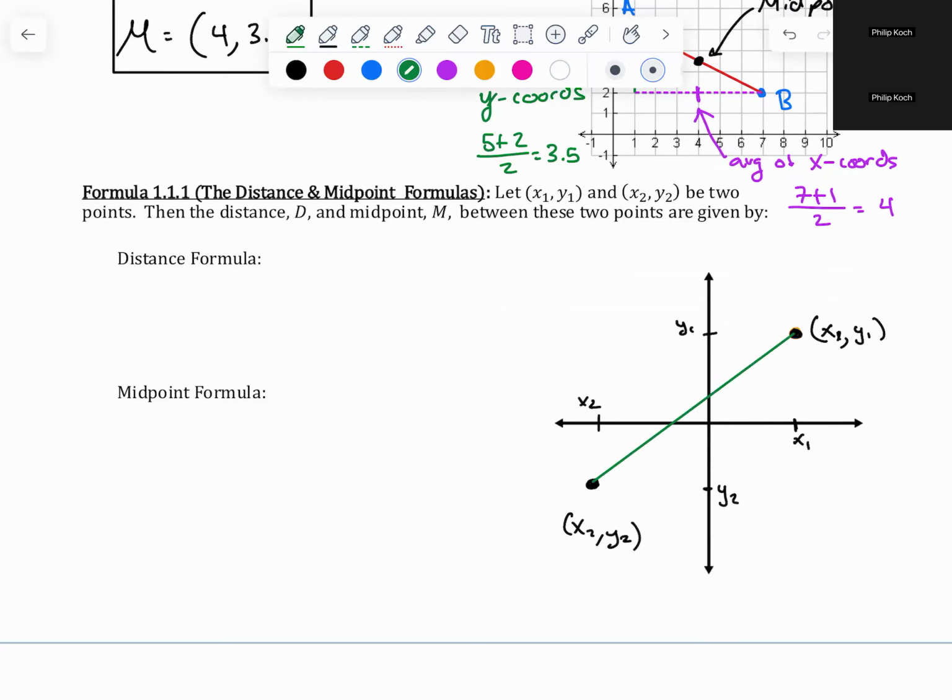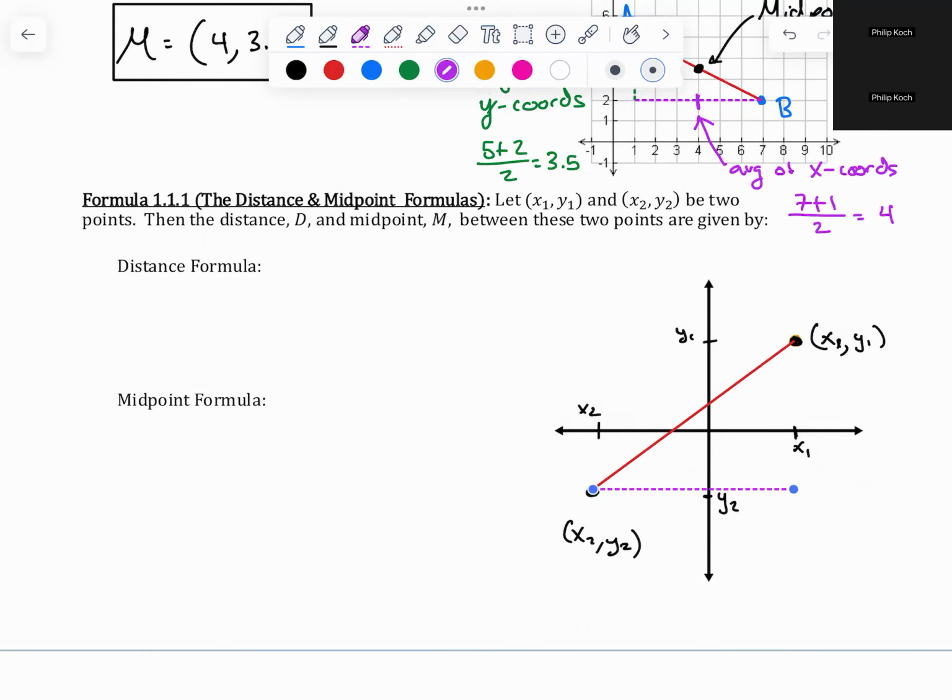I should have used red, so change that to red. And then here's the vertical one, like that.